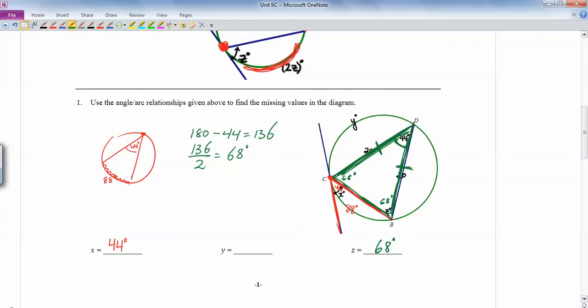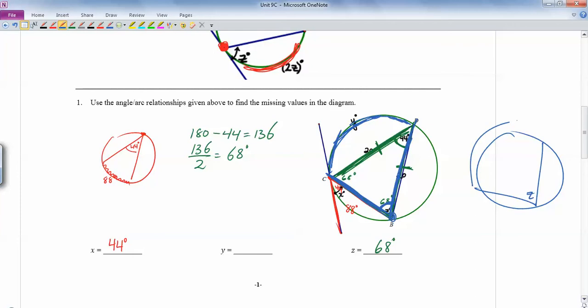Okay, so let's look at Y. So here's Y over here. Here's Y, that arc. And if you notice, what carves it out right here is angle Z. If I draw that by itself, here's the circle, here's angle Z, and here's the arc that it carves out right there, y.